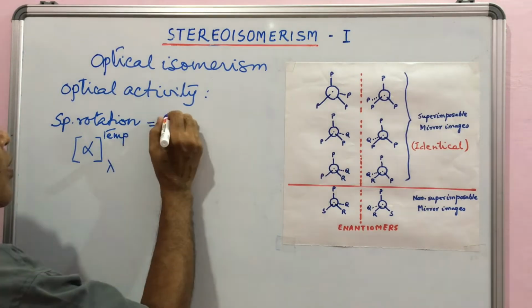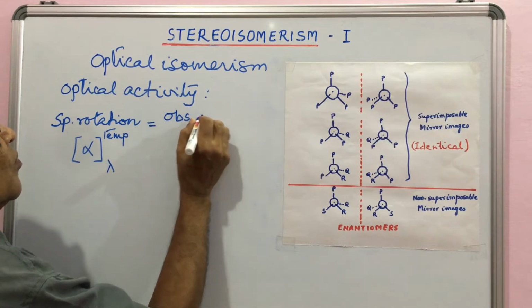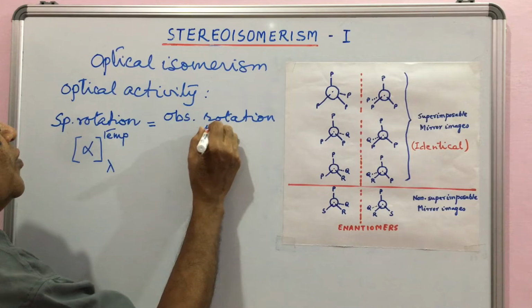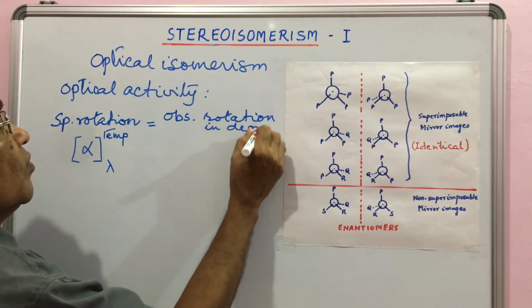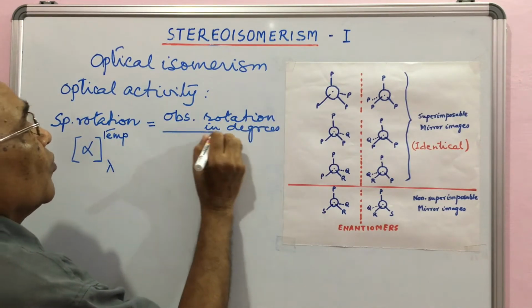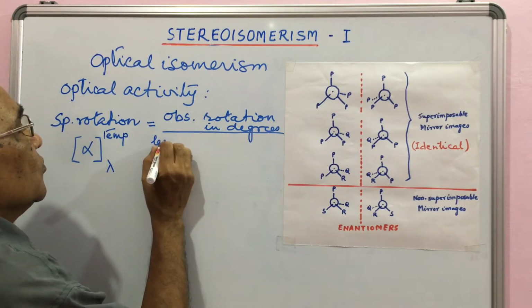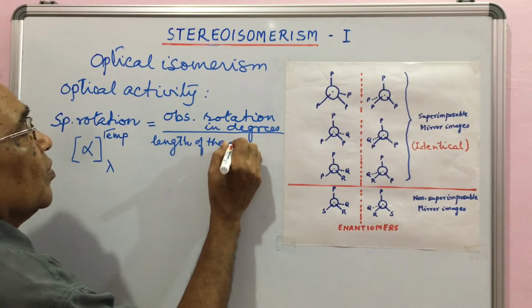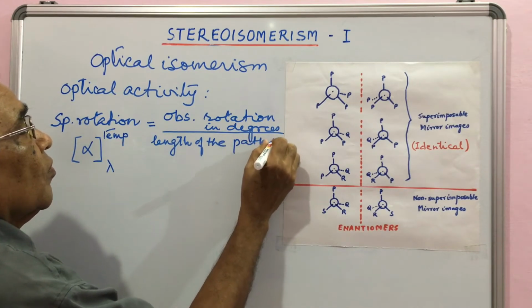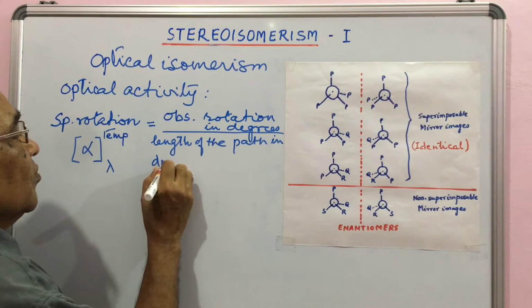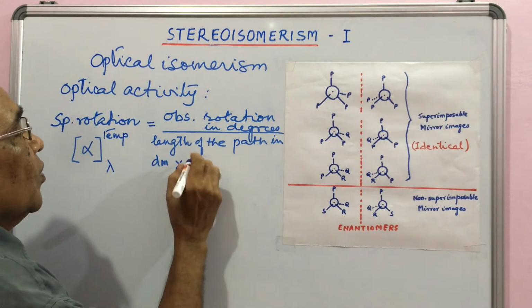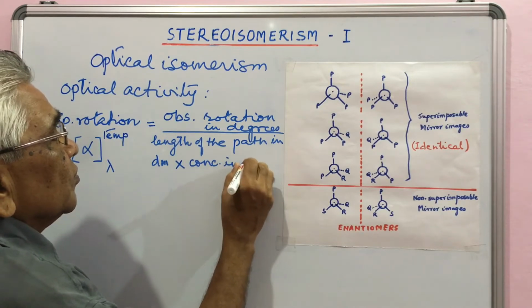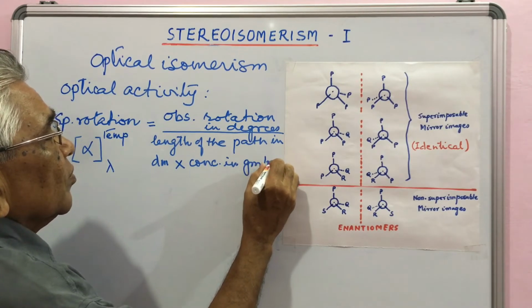It is equal to observed rotation in degrees upon length of the path in decimeter into concentration of the compound in gram per ml.